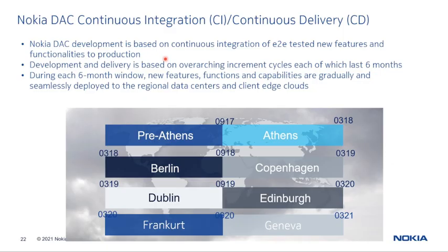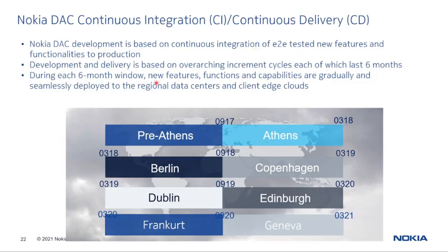The main point is that whenever any feature is ready, the features are being constantly and continuously pushed into the live networks. So we do this continuous integration of the ready features, meaning that, for example, one NDoc release doesn't mean that the full content is available at the end of the release in one go, but we keep pushing regularly, weekly, bi-weekly, the new content and the new software to the live network and to the data center.